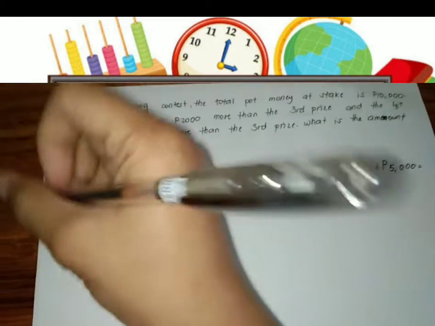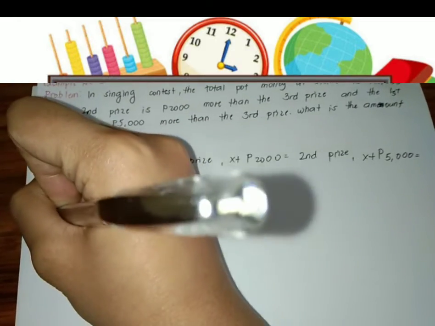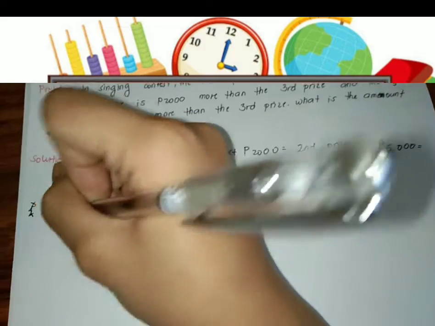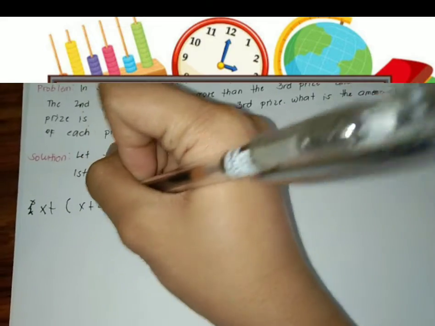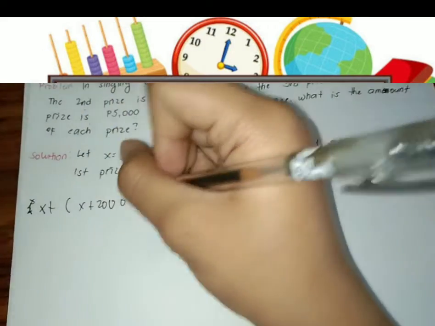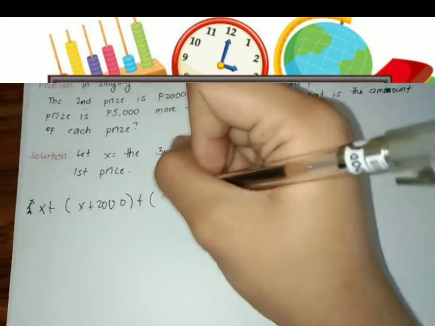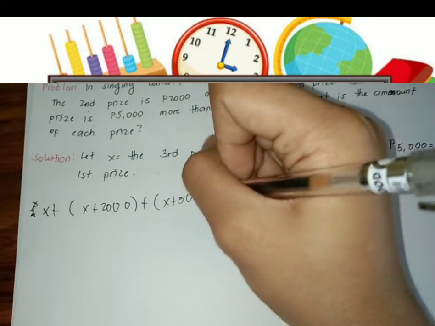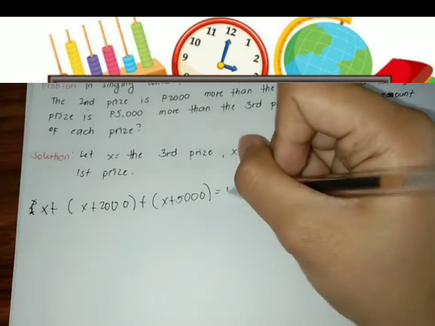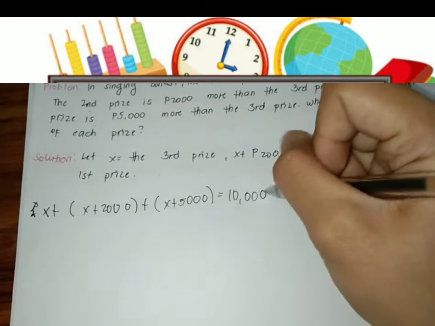The way to solve it is x plus (x plus 2,000) plus (x plus 5,000) is equal to 10,000.